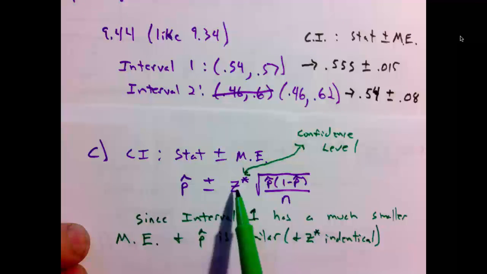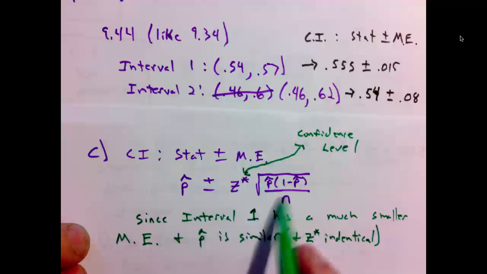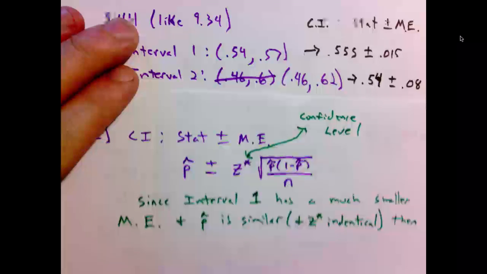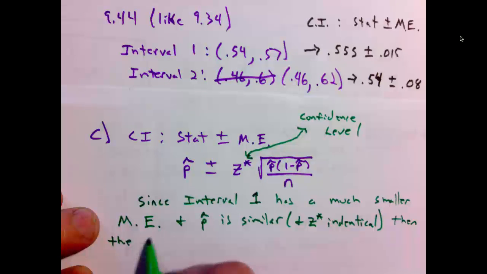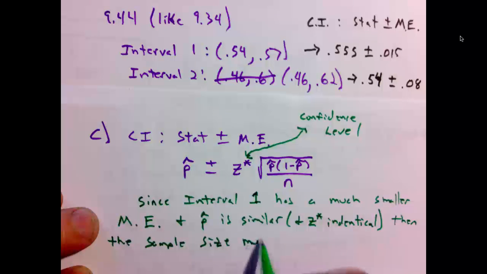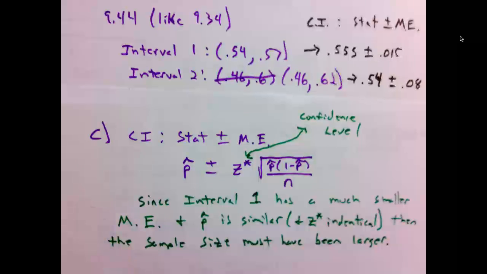This number is exactly the same in both cases. These numbers are very close, so this number must have been very different. Since interval 1 has a much smaller margin of error and p hat is similar and z star identical, then the sample size must have been larger. And again, this makes perfect sense. The larger the sample size, the better estimation we're going to get.